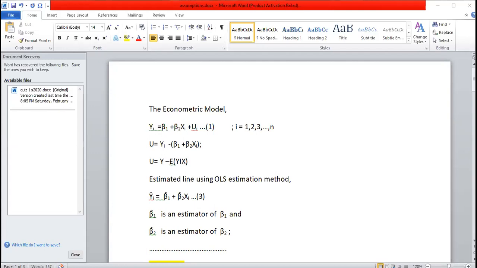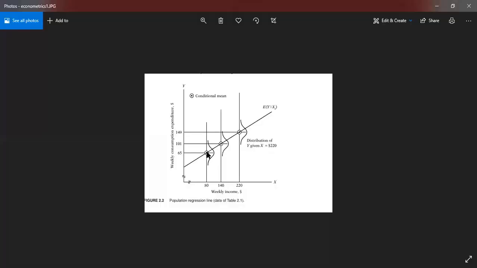Then we go back to this line. So this is expected. All the values here on the line is expected value of Y, population regression line. And Y has a lot of values. Some of them are above, some of them are below.